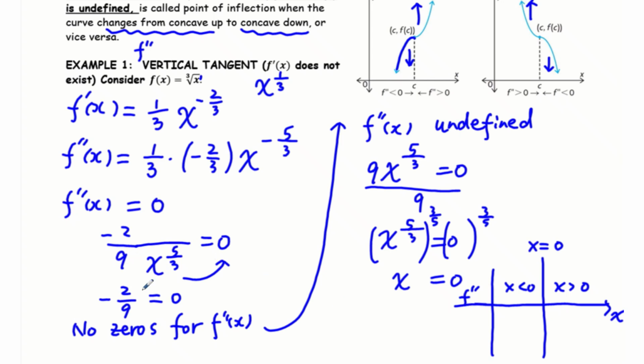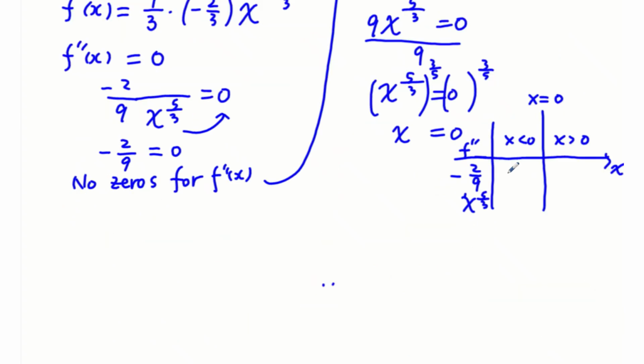So for the double prime, the formula for it, we separate the constant and the variable. So when x is less than 0, we take x equals -1, it doesn't matter. The constant -2/9 is always negative. -1 to the exponent 5/3 gives us negative, and pick +1 here.